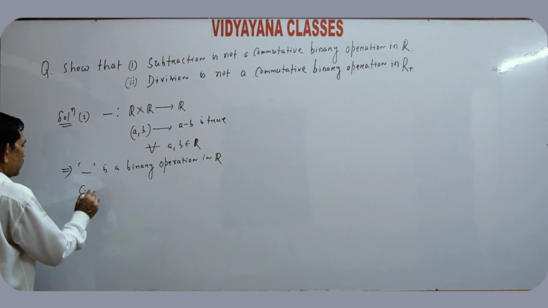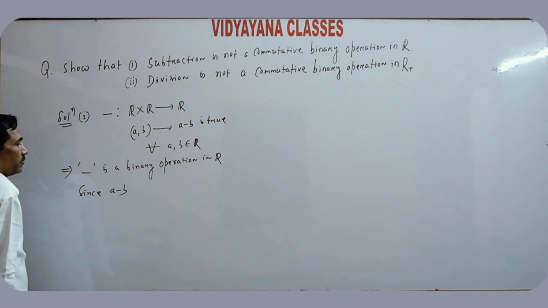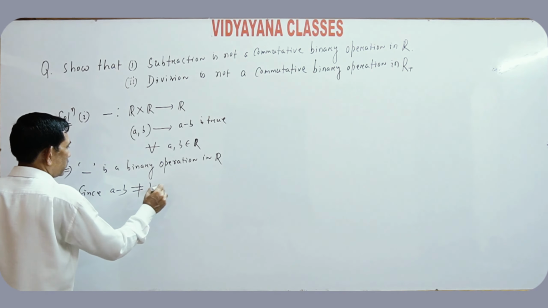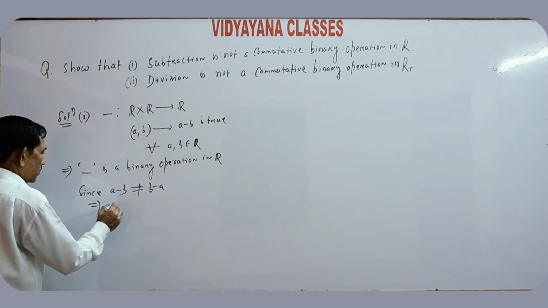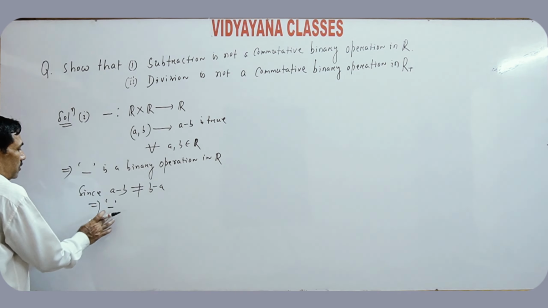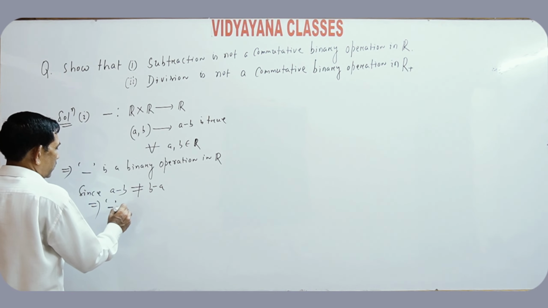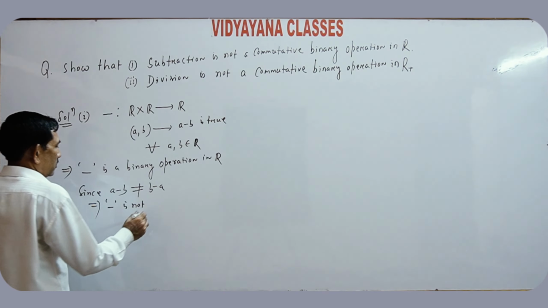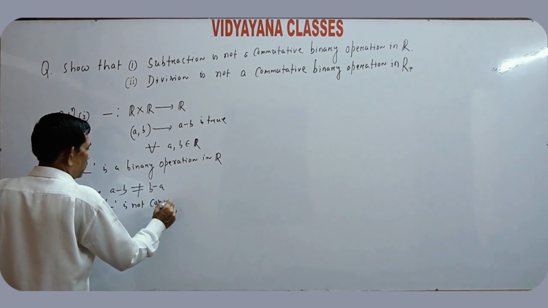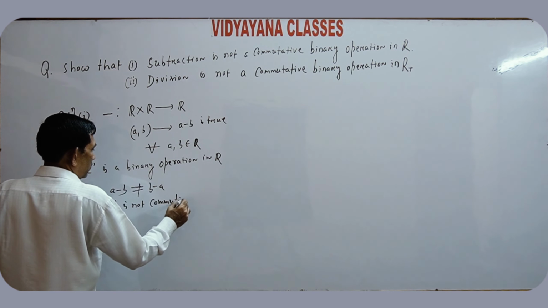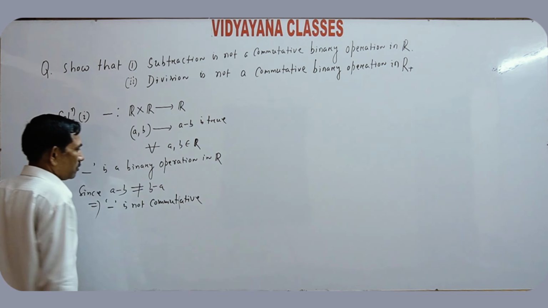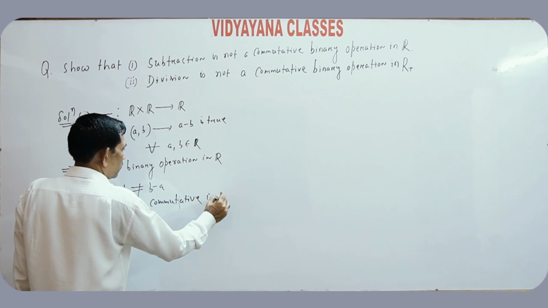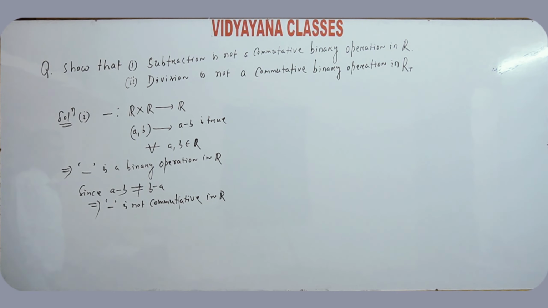Since a minus b is not equal to b minus a, it implies subtraction, that is minus, is not commutative in R, that is the set of real numbers.